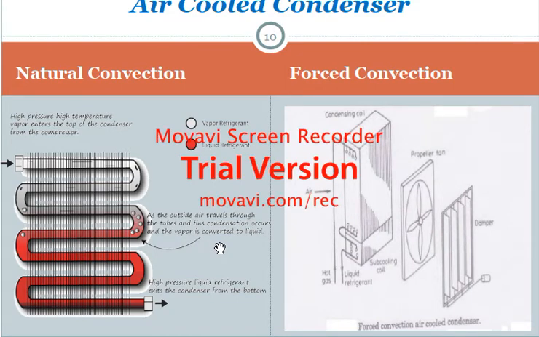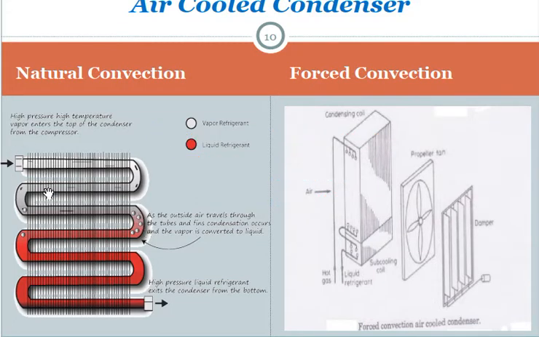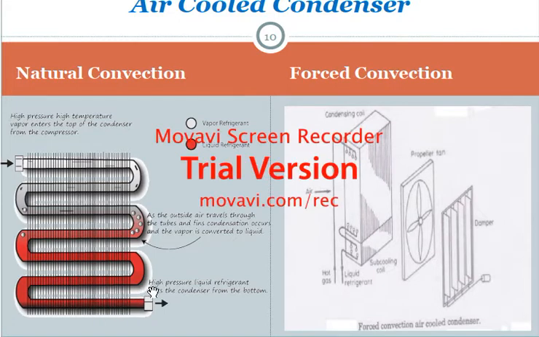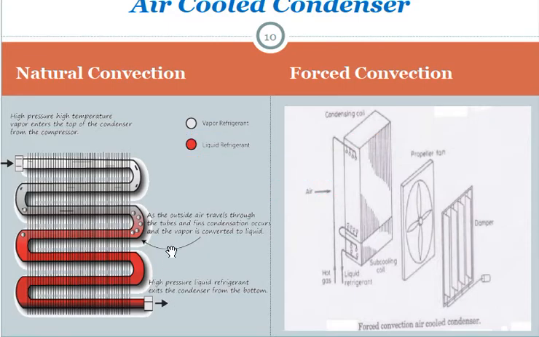So in the middle of the process it has already changed from vapor into liquid by cooling through the fins. Then the high pressure refrigerant exits the condenser from the bottom at low temperature. This is the natural convection part.